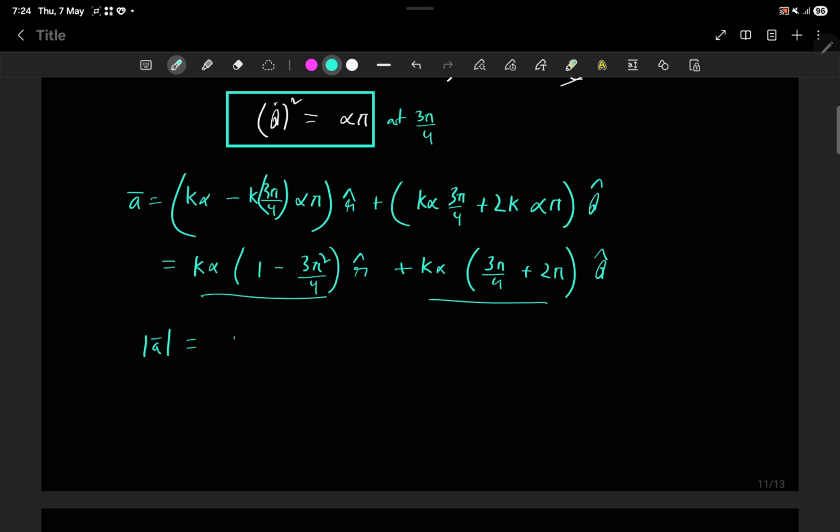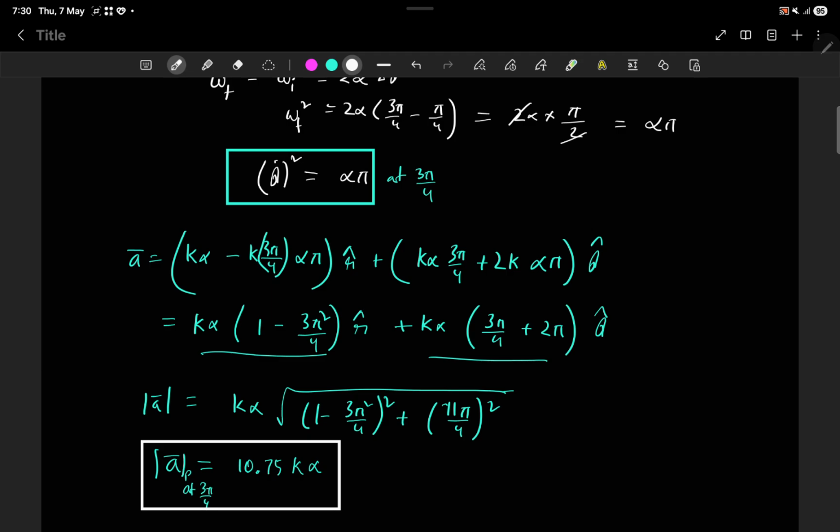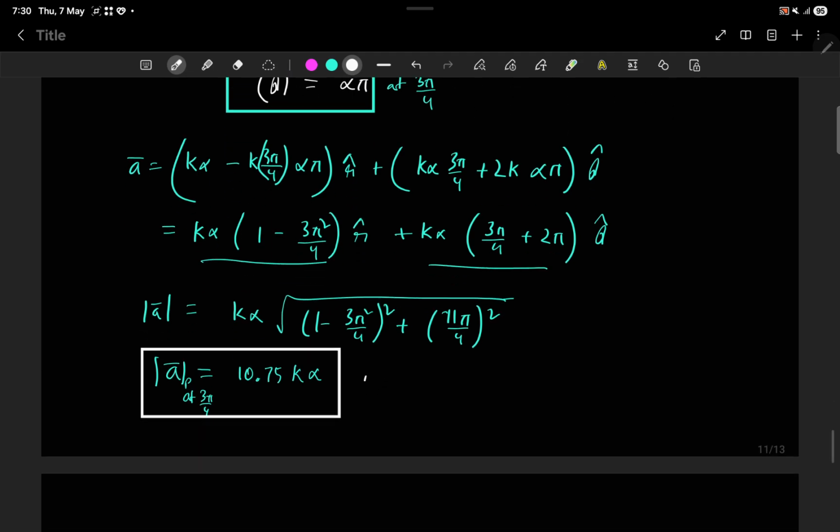So this will be k alpha times root over (1 minus 3 pi square by 4) whole square plus (11 pi by 4) whole square. If you calculate this one, I get this, and this is my answer.